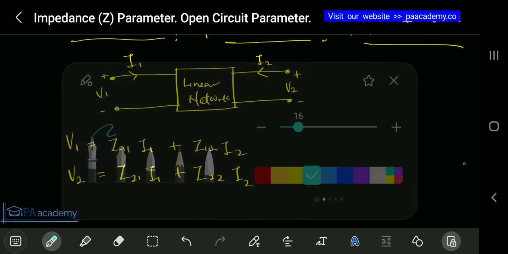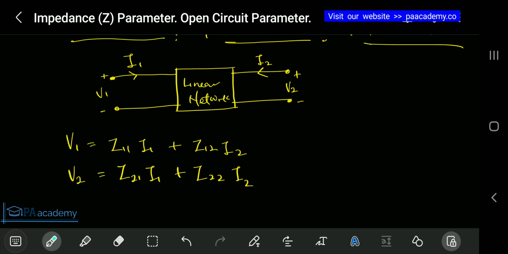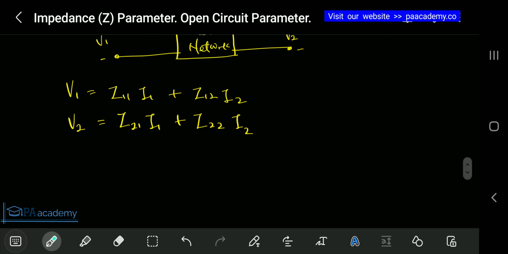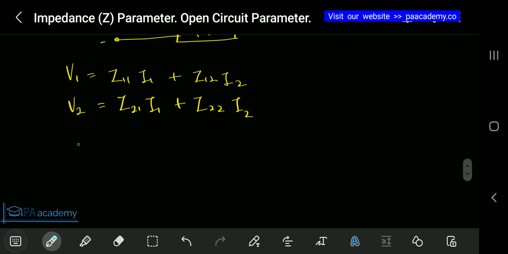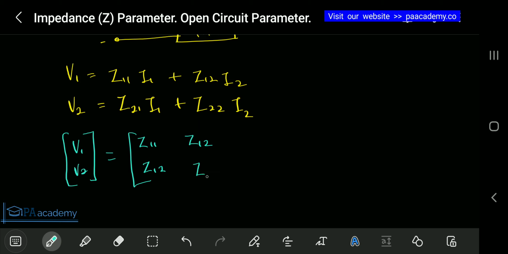The equations you are seeing on the screen, we can also write in matrix form: V1, V2 equals the matrix Z11, Z12, Z21, Z22, times I1, I2.